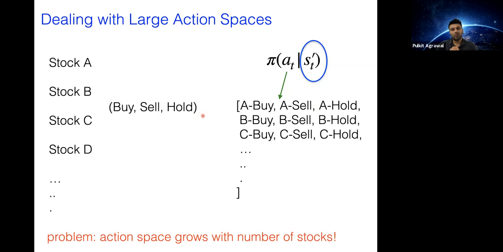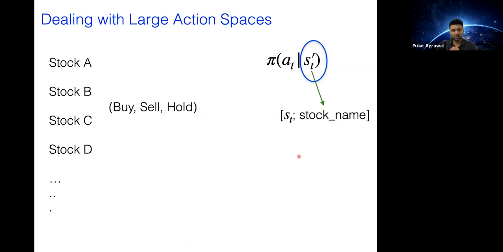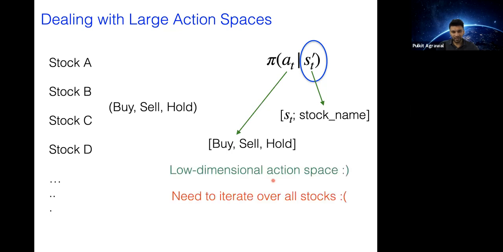Versus when I include the stock as part of the state, I don't get relative probabilities between should I buy stock A or buy stock B. I now get, independently for each stock, the probability distribution over the actions. So there is a difference in what we are modeling. So maybe I should modify this statement, need to iterate over all stocks, to say that.